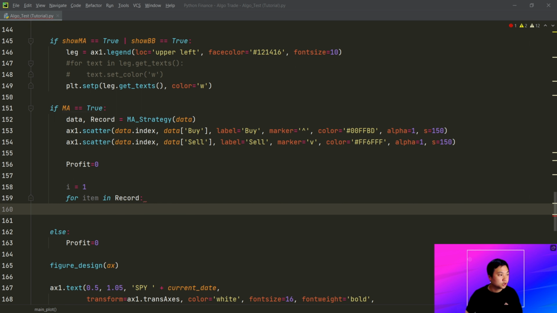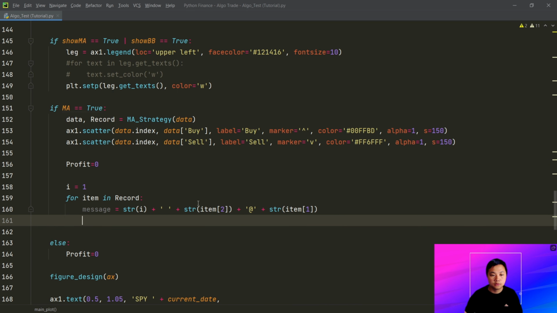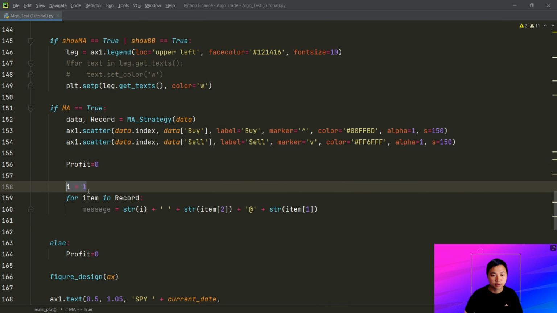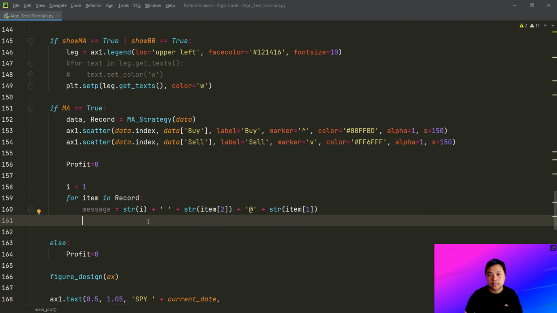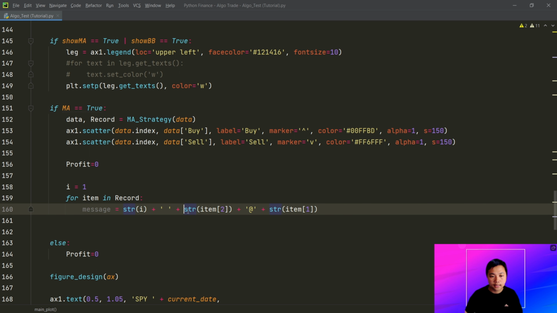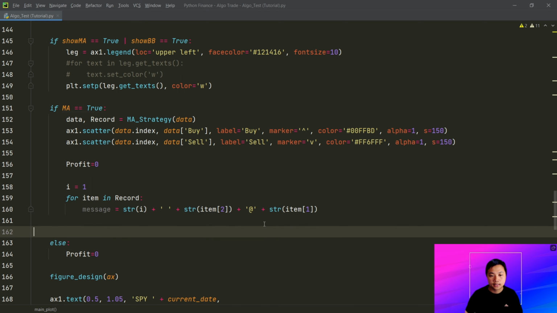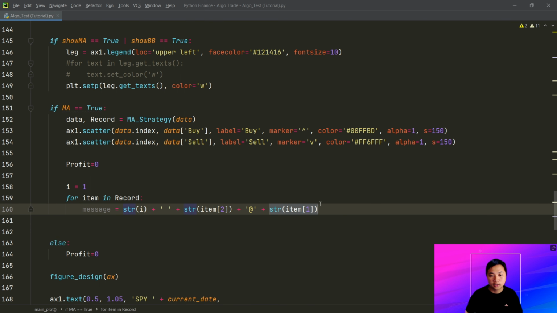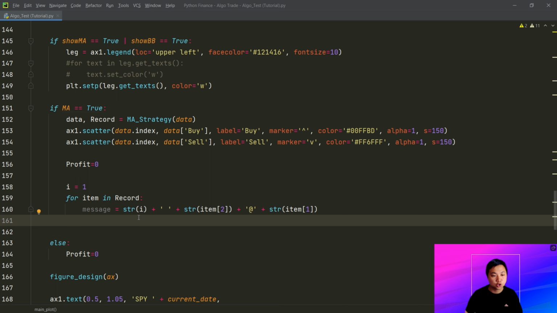And the message that I would like to show for each of the trades includes the number of the trades that happen within the day, and whether or not it's a buy or sell action, and at what price. So this is the message that I want to show.